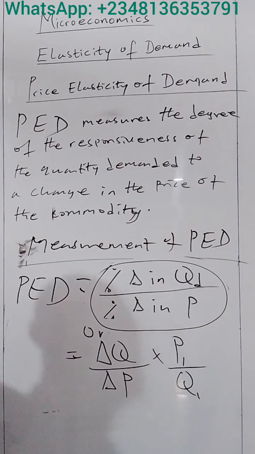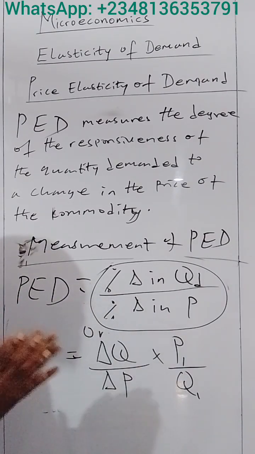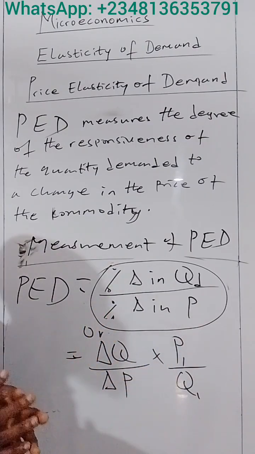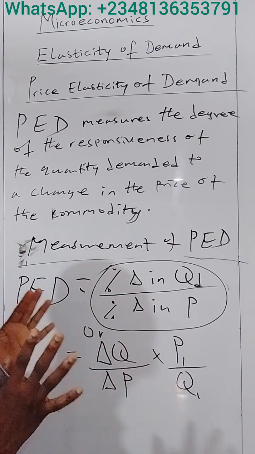Alternatively, we can say it is the percentage change in quantity demanded per 1% change in the price of the commodity. That is, what is the percentage change in the quantity demanded for every 1% change in the price of the commodity? So that is what price elasticity of demand measures.